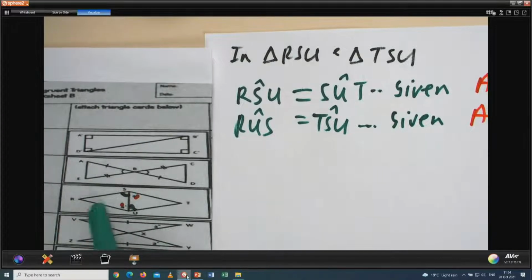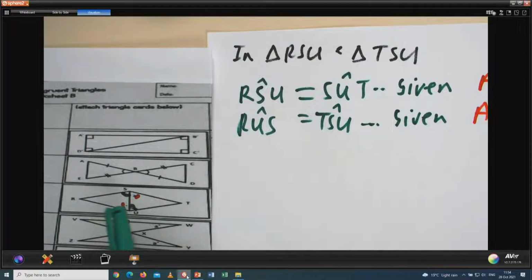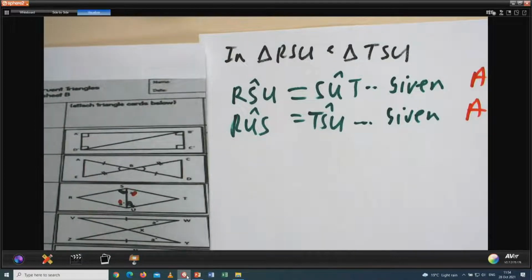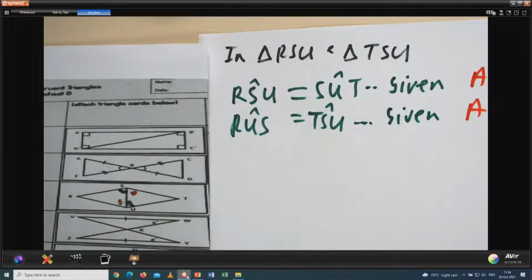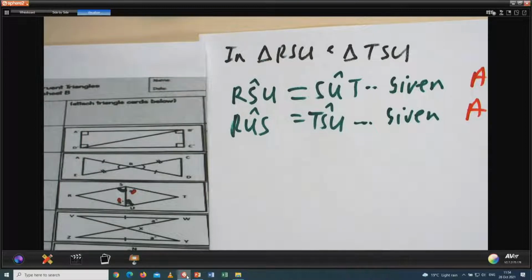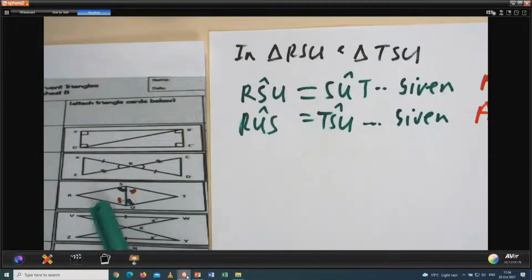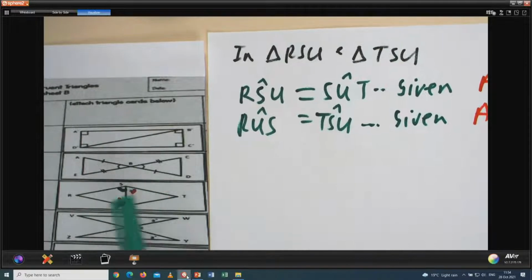Now, are you given anything further? Nothing. You don't know which side you are not given, therefore you cannot assume. Even if they look like they're equal, you cannot assume that they are equal. What is left? Compare these 2 triangles. Is there anything? Yes, there is this side called SU, which is a common side.